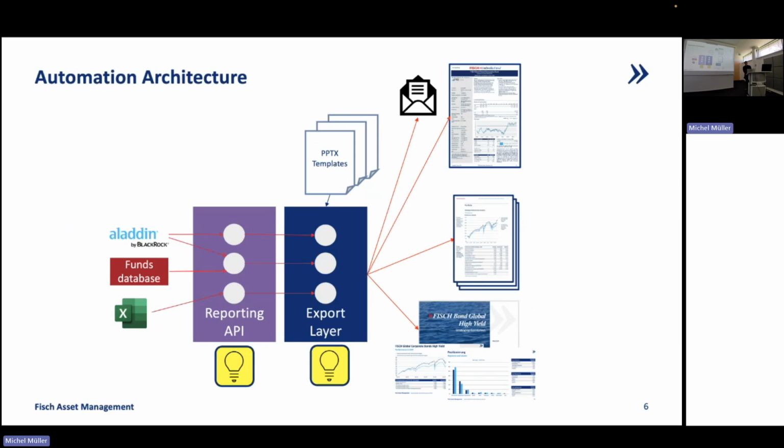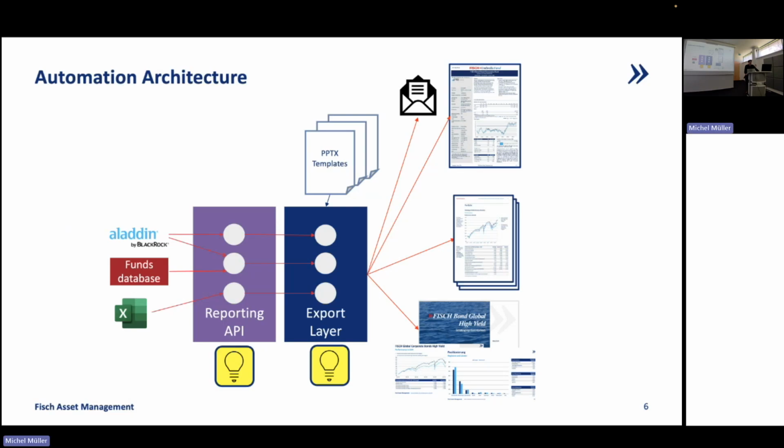When we talk about automation, that means we need a certain technical setup. I will briefly discuss it here because it becomes a bit relevant afterwards as well. So we have various data sources. Mainly, of course, Aladdin BlackRock, which is our portfolio management system from which we extract data on a daily and monthly basis.